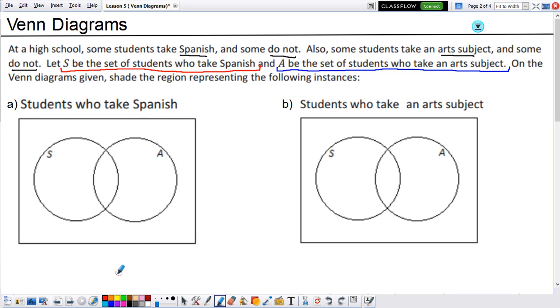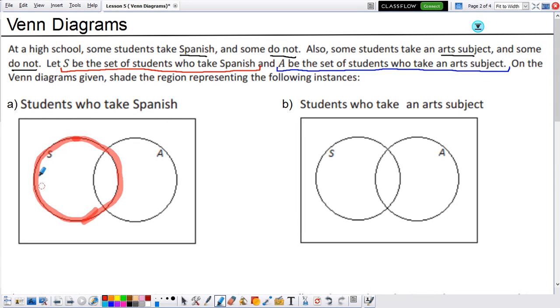So here, our first scenario is we want to know those students who take Spanish class. So what do we know here? We know that S stands for Spanish, and this circle are those students who take Spanish class. Let's just make a better job here with the circles.